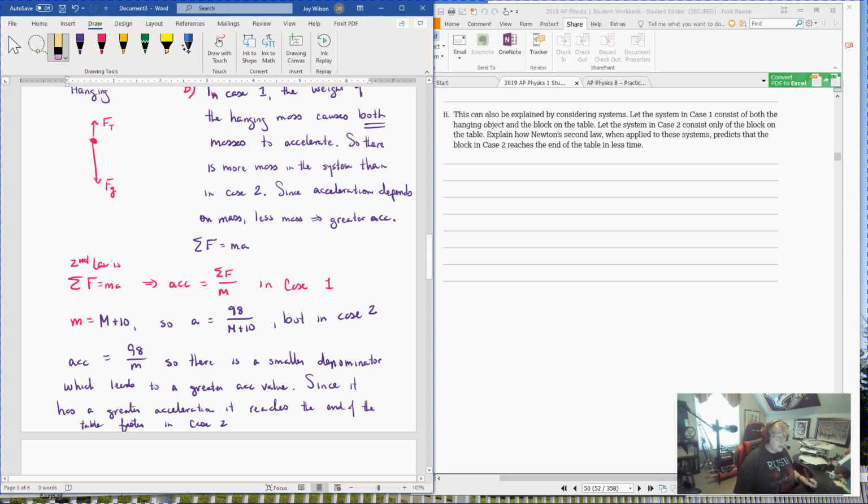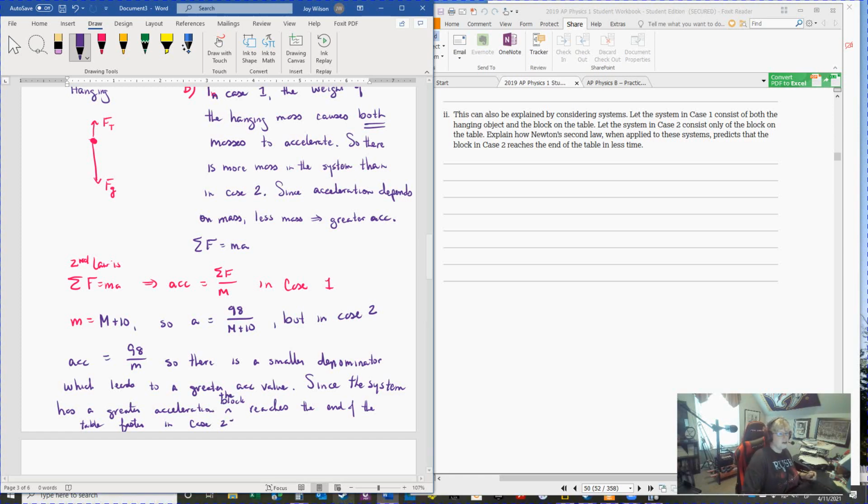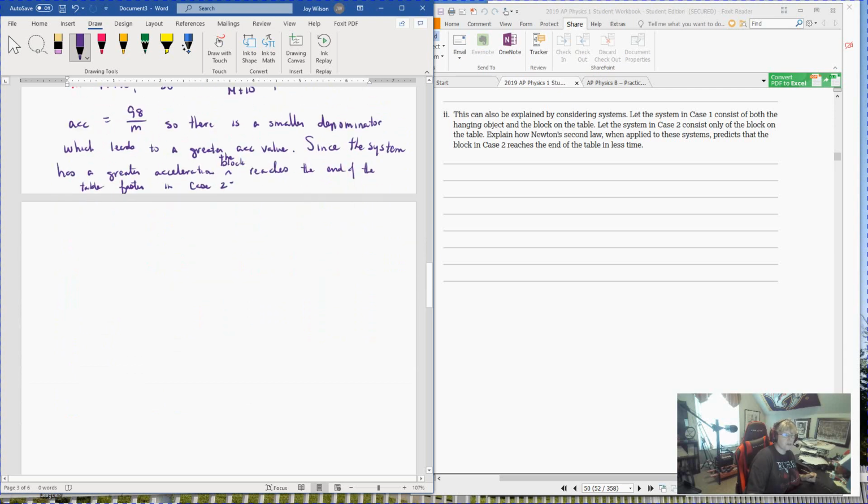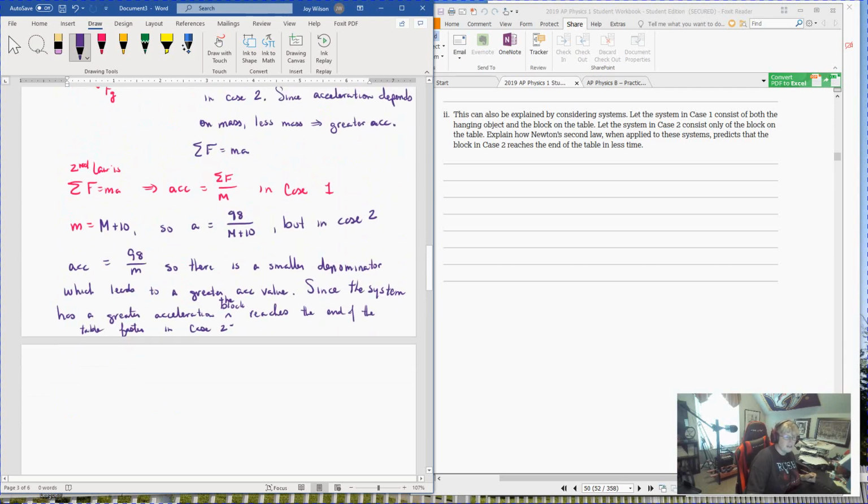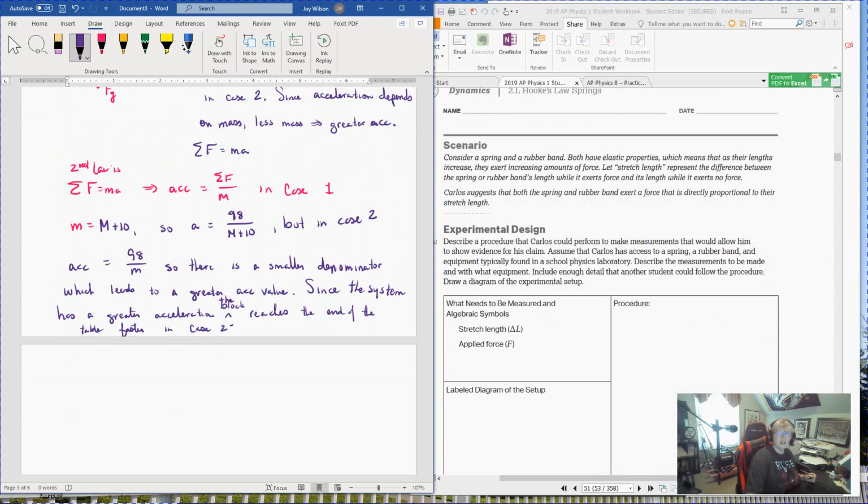So I'm going to go back through this and check it real quick. Ooh, pronouns. Since the system has a greater acceleration, the block reaches the end of the table faster in case 2. So I'm going to make sure I don't have any pronouns is my other check. So when you're explaining, you literally can show the math and then just say what it says. Okay? So that's where we're going to stop on this one, and we'll catch you on the next review session.